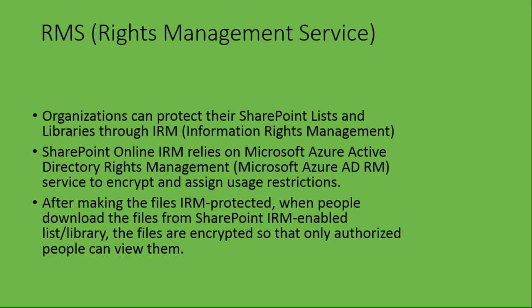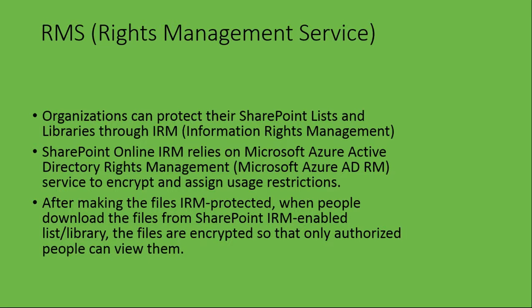Before we activate this Information Rights Management in SharePoint, we first enable the Rights Management service in Microsoft Azure AD. This is called Microsoft Azure AD Rights Management. We first enable that setting at the Azure level, and then we enable IRM at the tenant level, and after that, users or the owners can activate this IRM setting at different list and library levels. Okay.